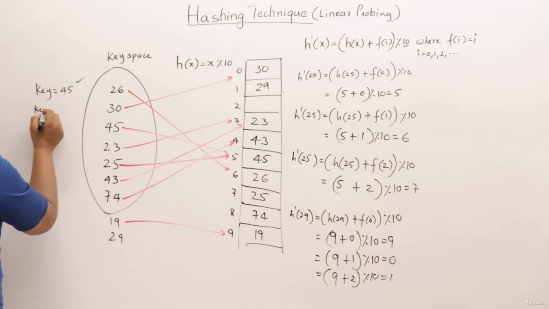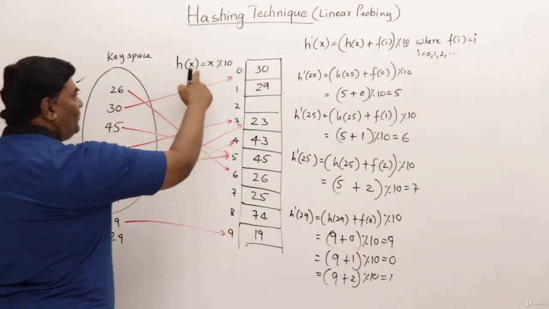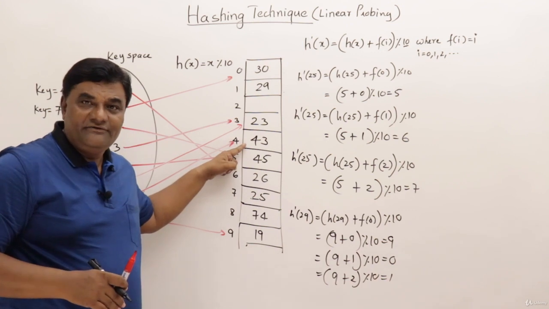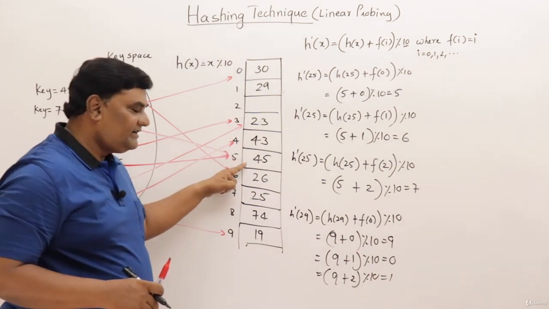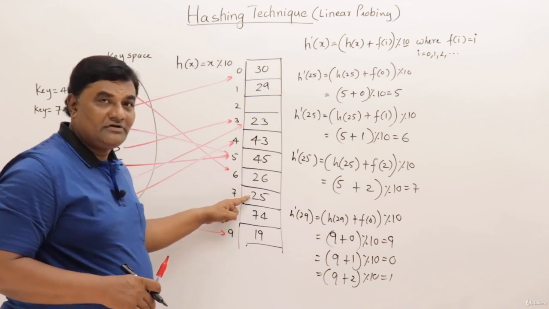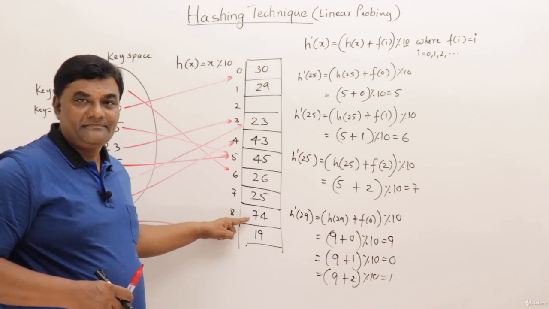I want to search for a key 74. 74 mod 10 gives us index 4. Is it 74? No. Is it 74? No. Is it 74? No. Is it 74? No. Is it 74? Yes. Stop.